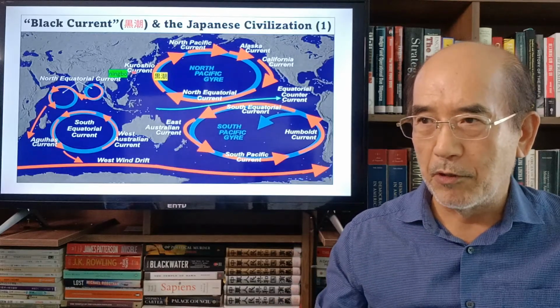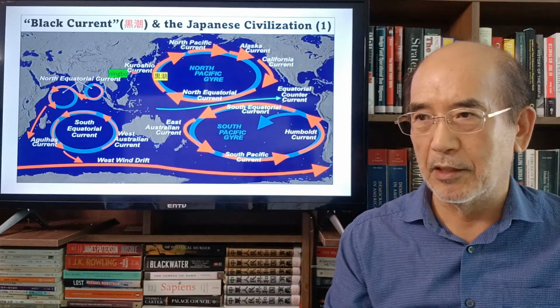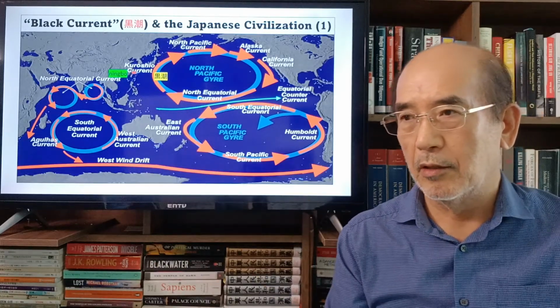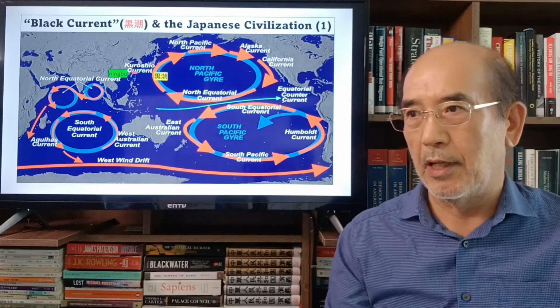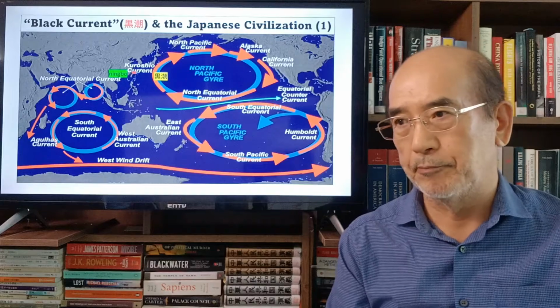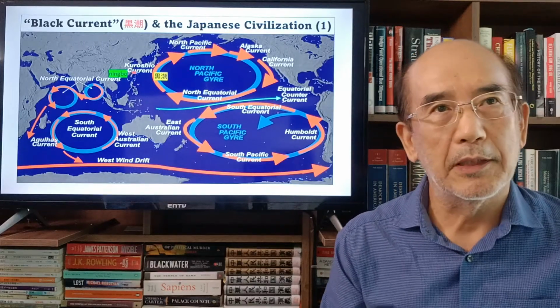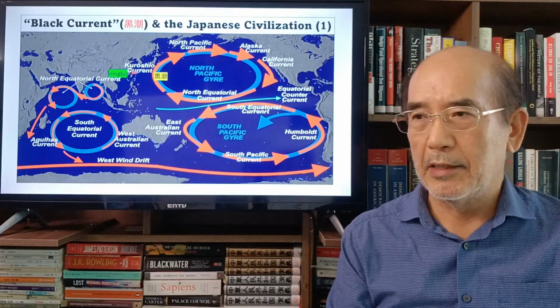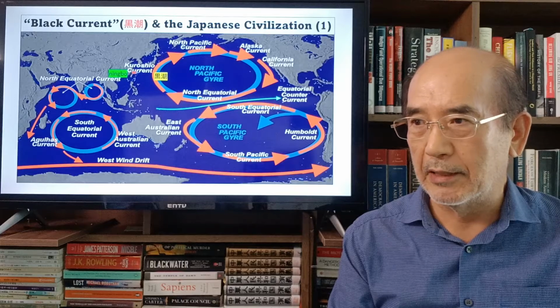But before reaching the Chinese Sea, it turns to the north, so that it circles to the North Pacific Current and comes back to the equatorial current.